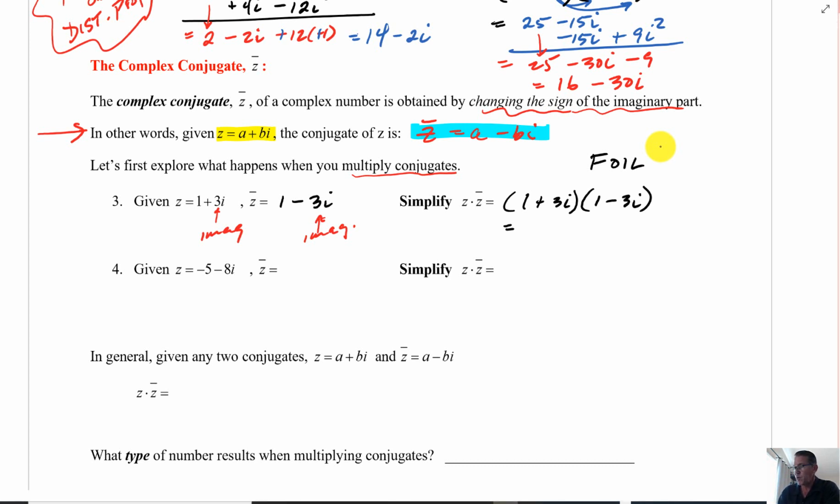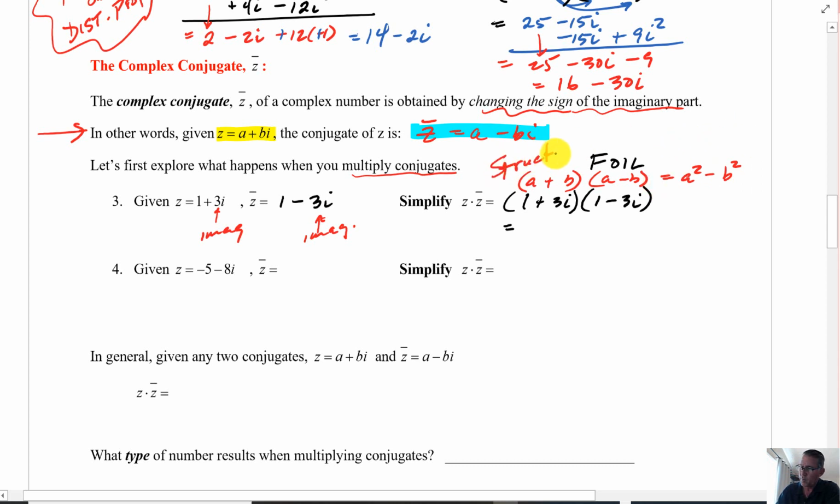You could use the difference of squares: a plus b times a minus b equals a squared minus b squared. You could use structure if you want to.